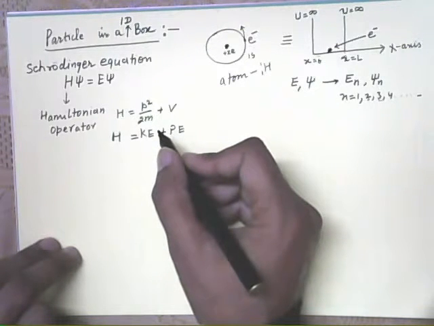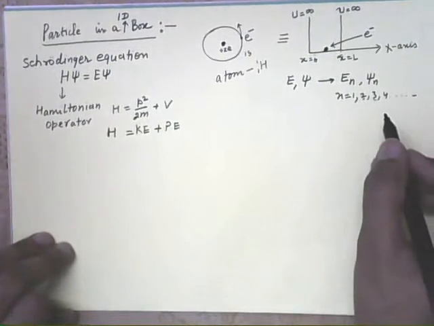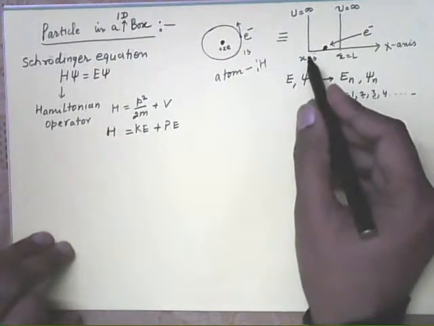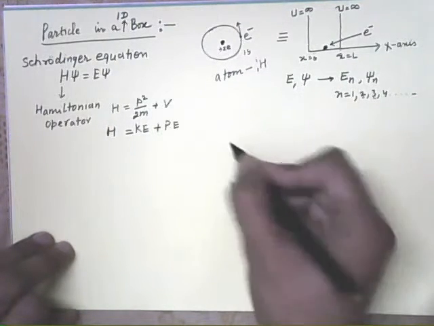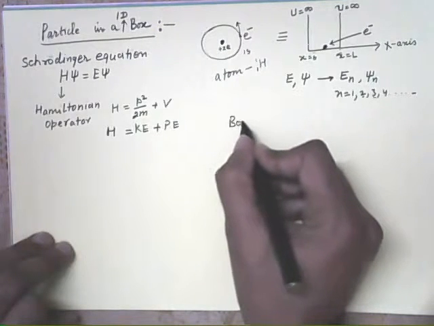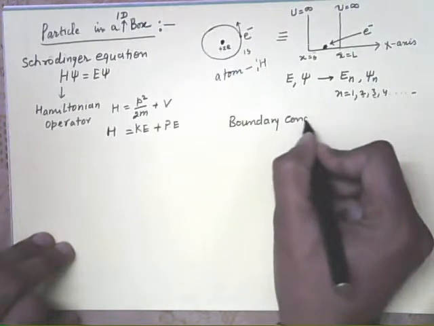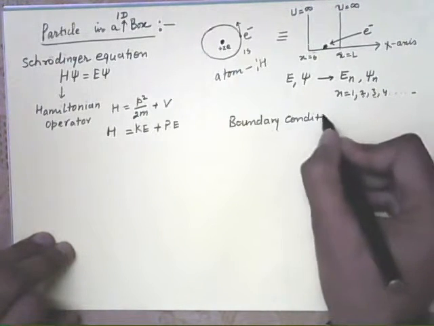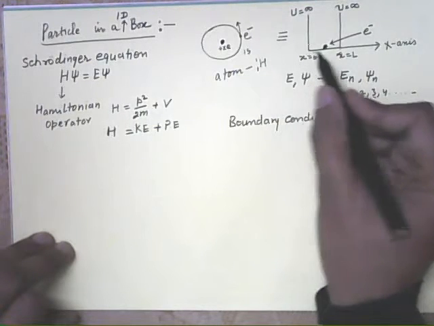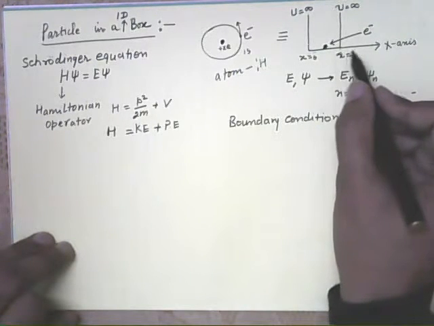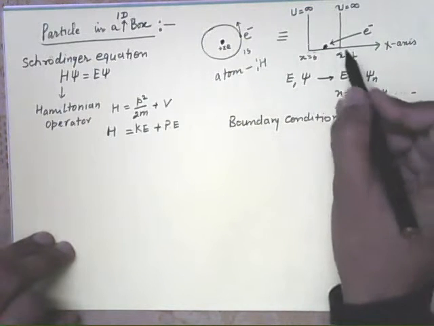Now we have to check the boundary conditions. What are the boundary conditions? The boundary conditions are at x equal to 0 and at x equal to L. These are the two boundary conditions.